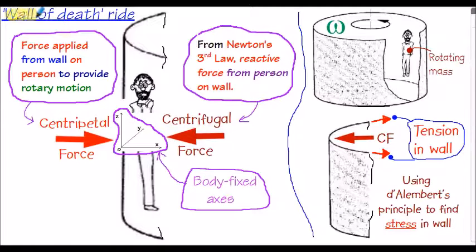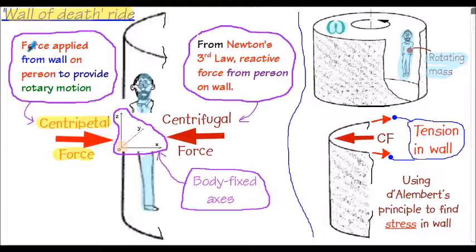Here's the wall of death illustration mentioned previously. Here's our scenario with the angular velocity of the wall of death. Here's our rotating mass, the passenger forced against the wall. So again, if we apply D'Alembert's principle here to the body using fixed body axes, we know we require a centripetal force, the inward force on the body causing the circular motion.